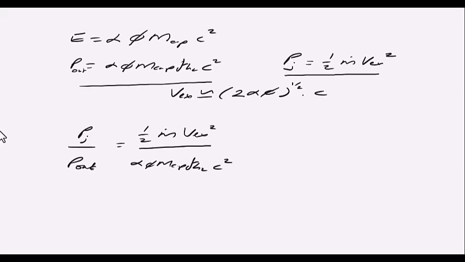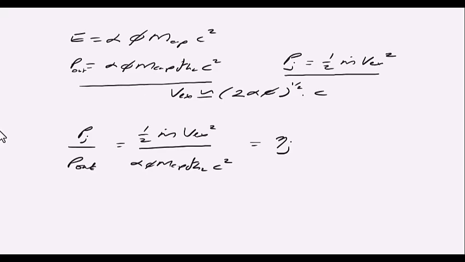This is actually equal to the jet efficiency. So that is what the jet efficiency is, the ratio of the jet power over the output power. And as you can see, if we actually substitute for the exhaust velocity in the numerator, all of the terms will cancel and this will be unitless.